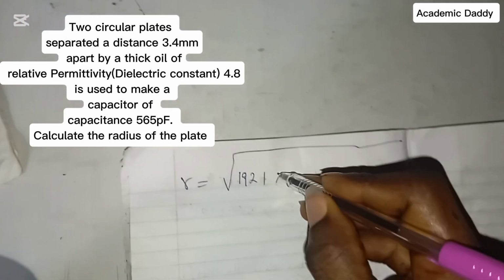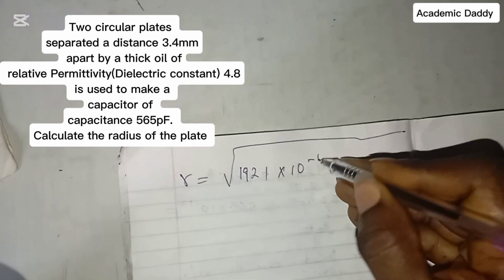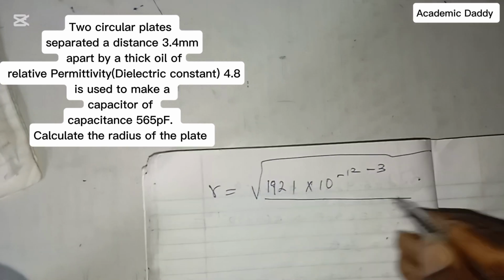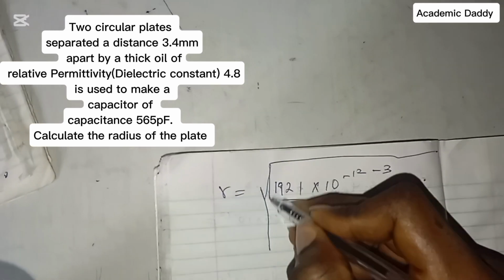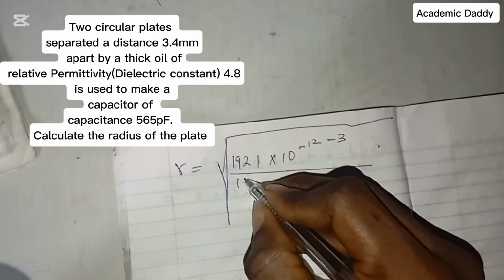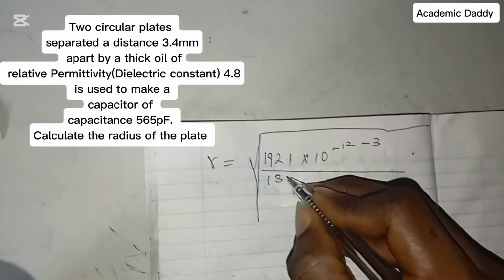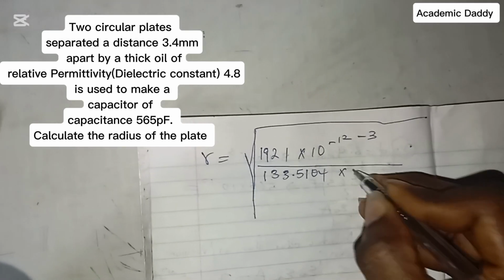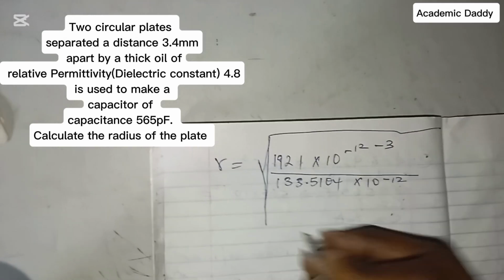Yes, so you get 1921 times 10 raised to the power minus 12 minus 3, all over 133.5104 times 10 raised to the power minus 12.